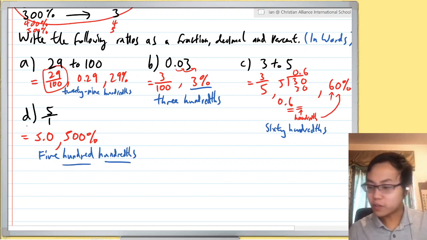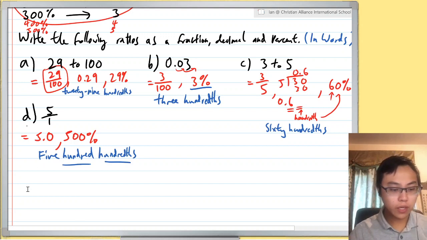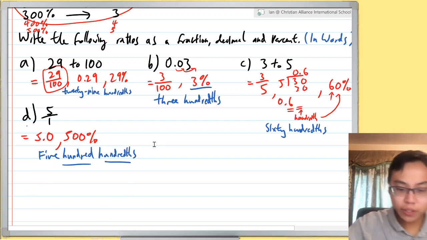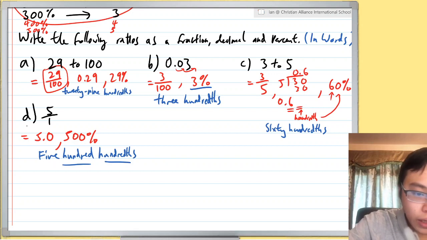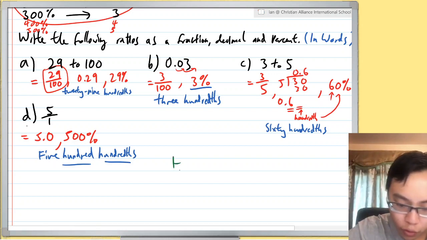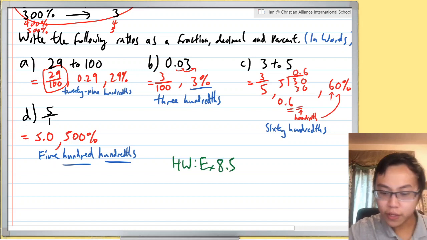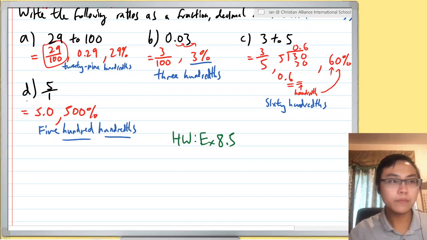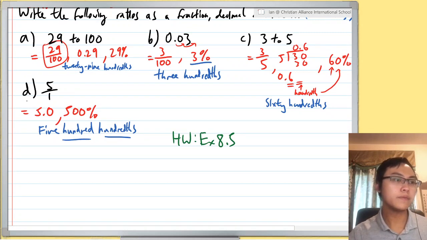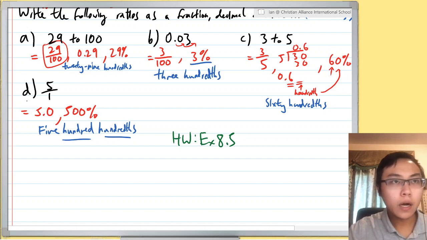So homework. Let's go back to homework. So exercise 8.5. I'll write it out in green over here. Homework will be exercise 8.5, and the questions you need to do are, let me choose some questions for you guys to do.